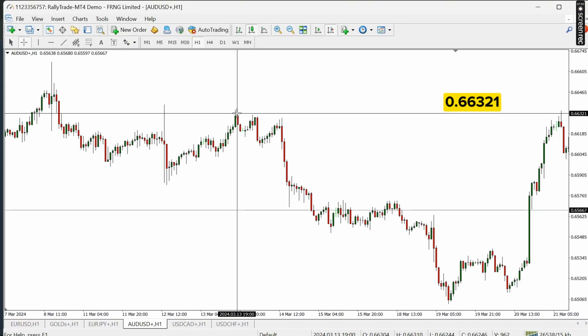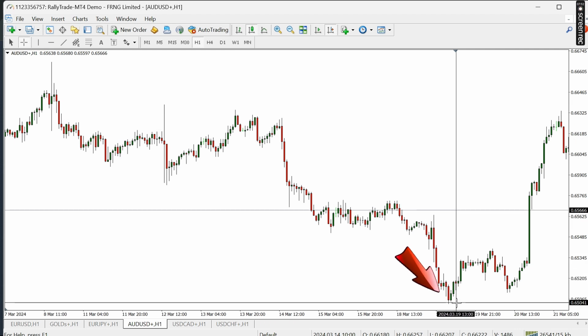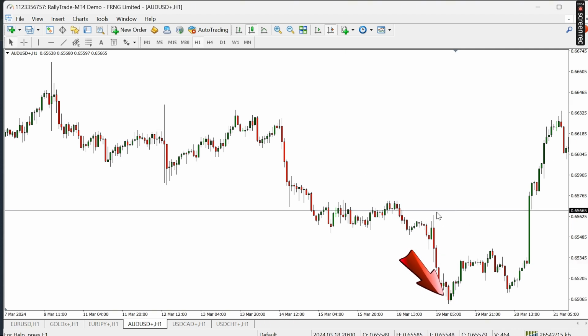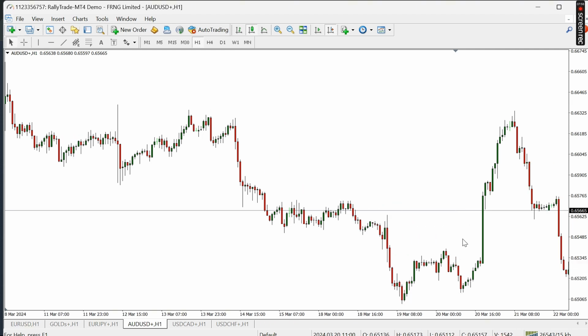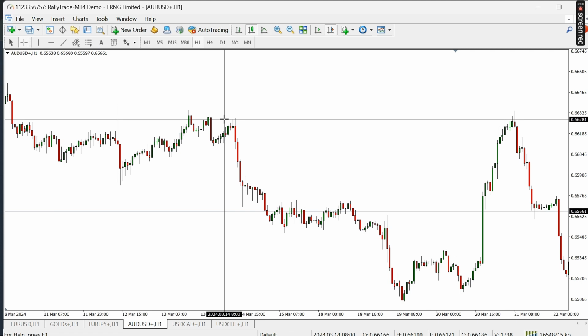You can see that price actually sold massively from that level. Let's say you came to the chart and you saw price somewhere around here, and you saw that at this point there was a massive sell to the downside. You should take those levels into consideration.